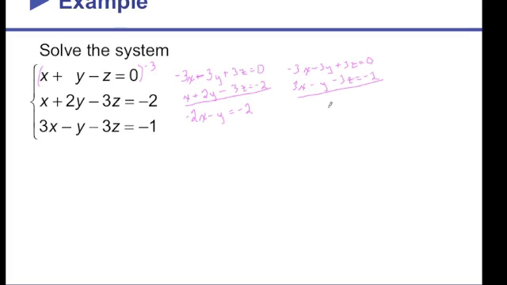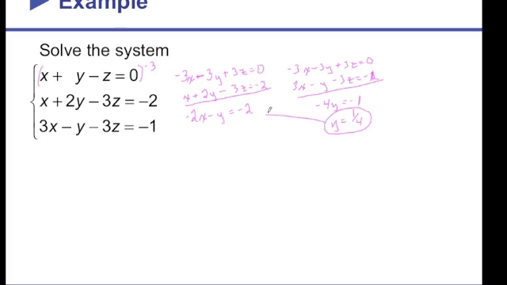Oh, the x's go out also, so I have negative 4y equals, whoops, this is negative 1, not negative 2. Equals negative 1, so y turns out to be 1/4, and I already have one solution.